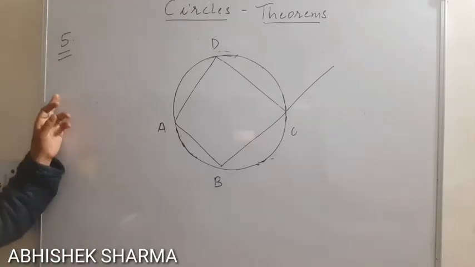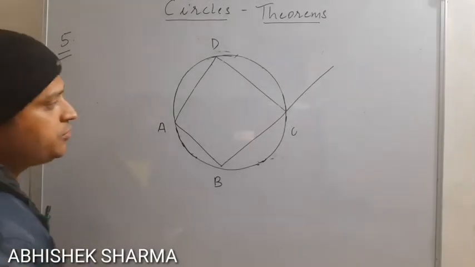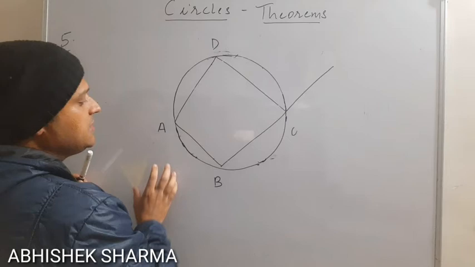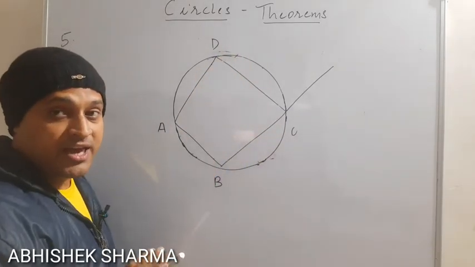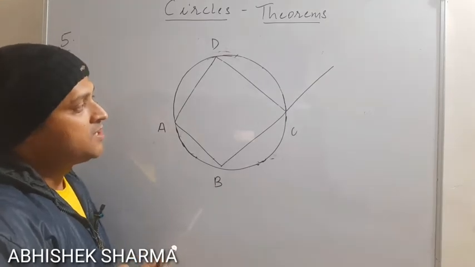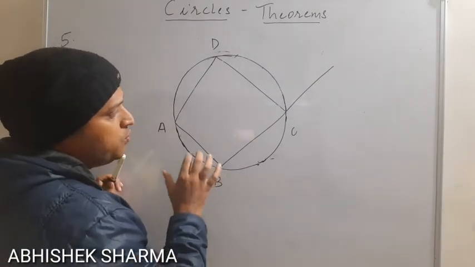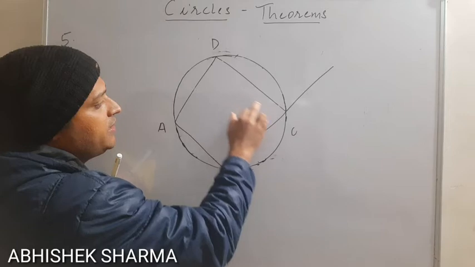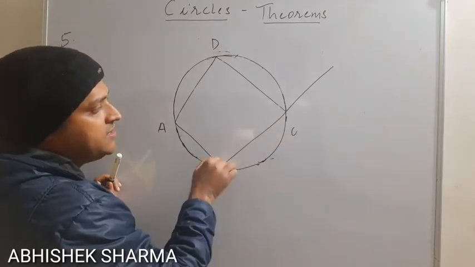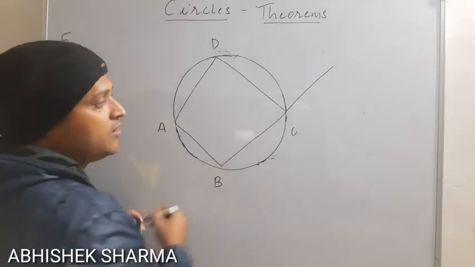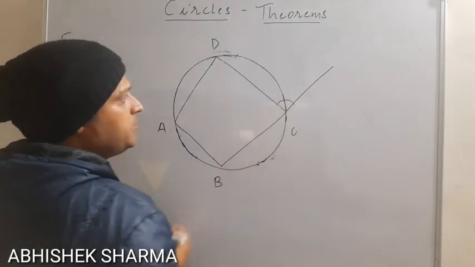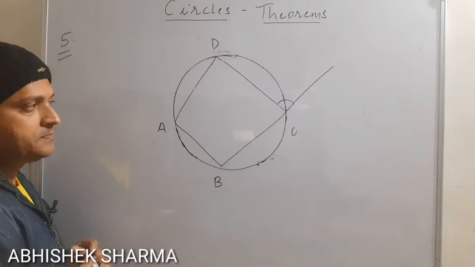दिस इज आवर थ्योरम नंबर 5. And in this theorem, you must know that again we are seeing the cyclic quadrilateral A, B, C, D. Am I right? This is A, B, C, D. Now, are you seeing one thing? कि ये cyclic quadrilateral है और इसका exterior angle, I am talking about the exterior angle of the cyclic quadrilateral. Obviously, this will be the exterior angle.